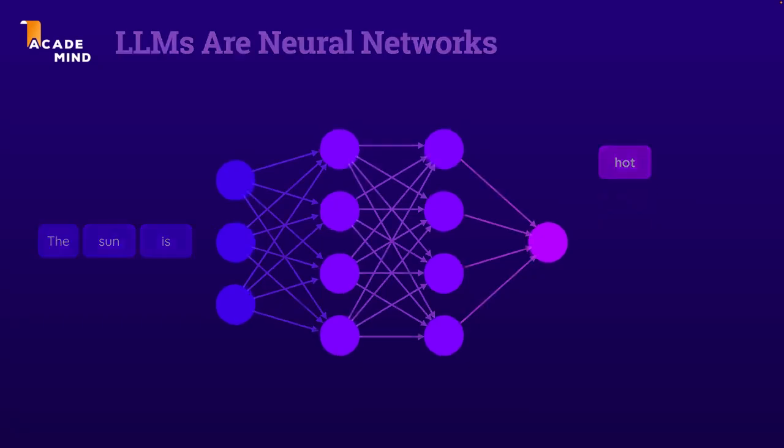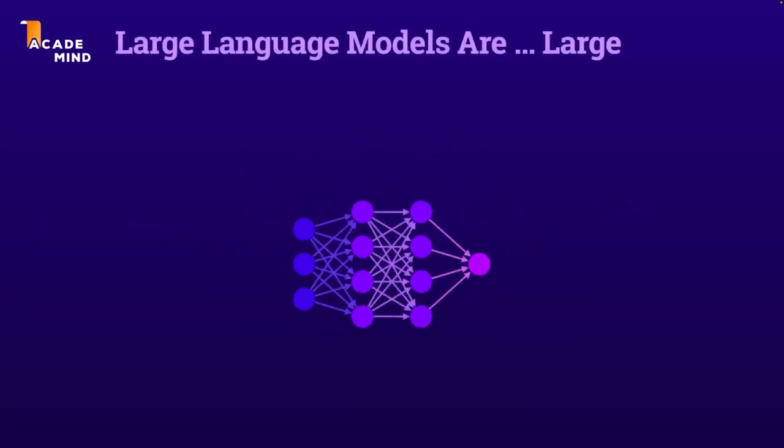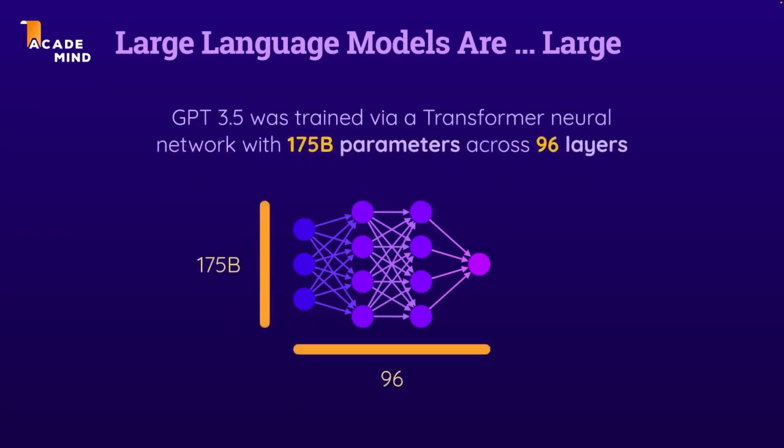Now, in case of the GPT 3.5 model, which is one model that is available through ChatGPT, there were more than 170 billion parameters organized across 96 layers used in that neural network to create this GPT model.